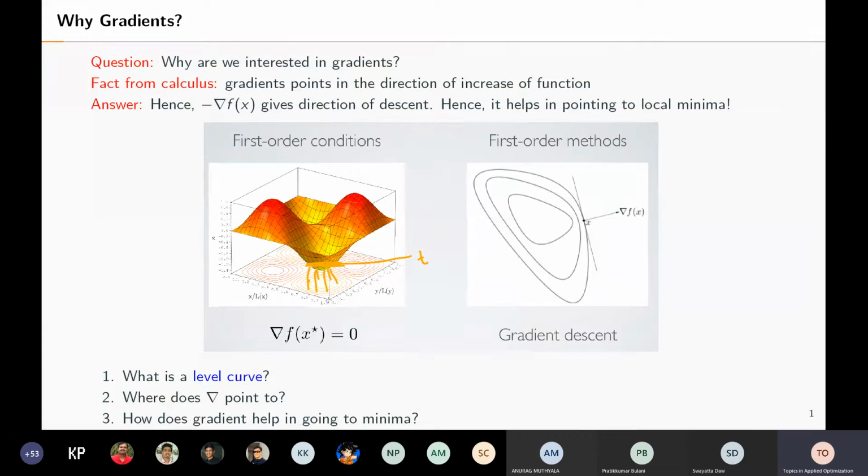In this case, it will be some circle like this. So this is f_t. f_t is the slice of the function, and the vertical height of the slice is t. So this is how the level curves are defined.